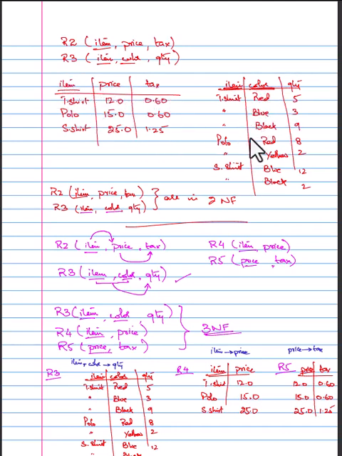Two tables are now constructed from that previous single table, that is item, price and tax, and item, color and quantity. This depends on these two, and this depends on item. So these two relations are now in the second normal form.